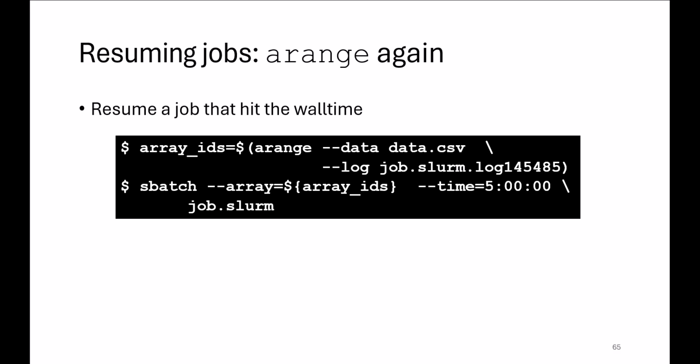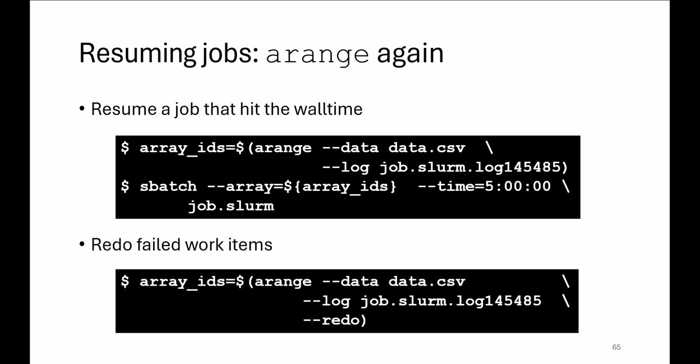Again, arange will give you those array IDs based on the data file, but also the log file of that specific job. And then you can use that range of array IDs again by simply submitting your batch job as before, perhaps increasing the wall time to accommodate the jobs that couldn't finish in the wall time specified by default.